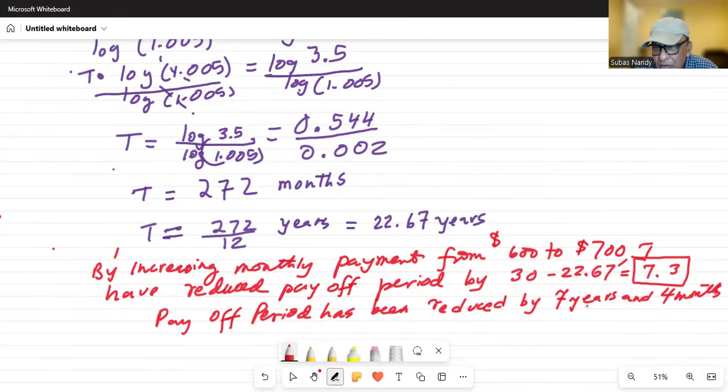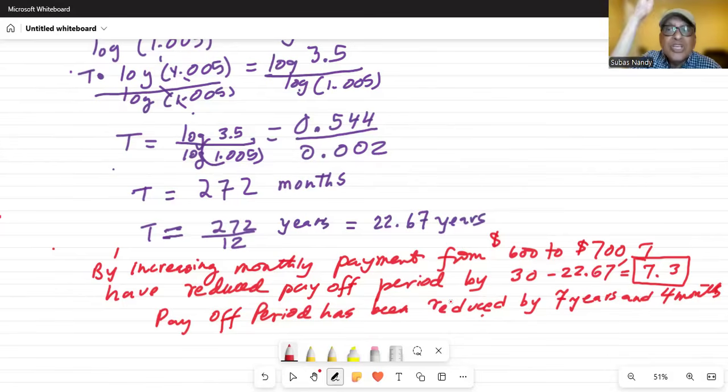Not bad. What did you do? You were very disciplined. You increased your monthly payment by just $100. And what did you do to yourself? You got rid of the loan 7 years earlier than what you would have done if you would have stuck to the monthly payment schedule of 600, which they originally prescribed for you.